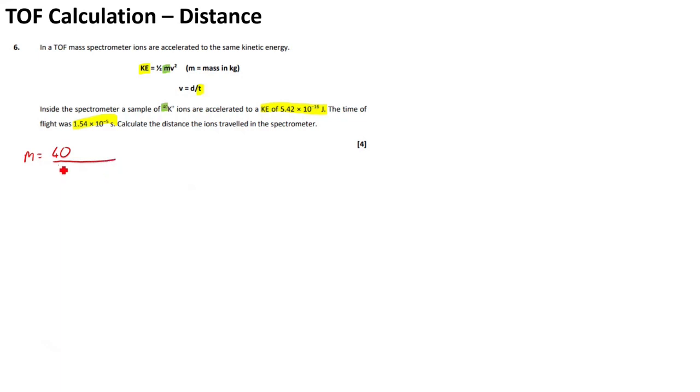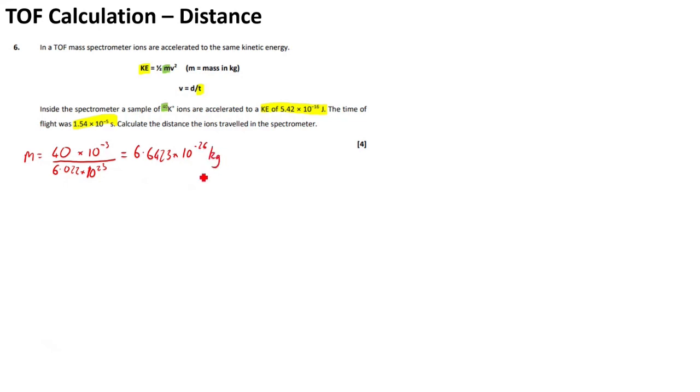We want the mass of a single ion, so we have to divide it by Avogadro's number. That gives us the mass of an ion isotope in grams. We want it in kilograms, so we have to divide it by 1,000, which is the same as timesing by 10 to the minus 3. That gives us 6.6423 times 10 to the minus 26.